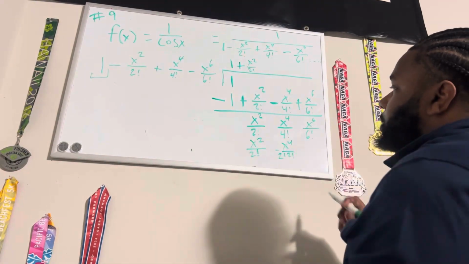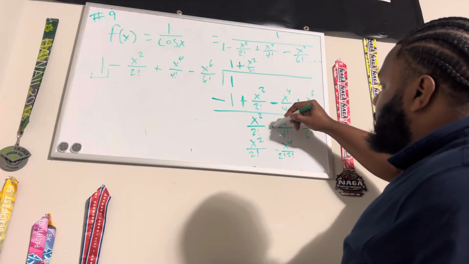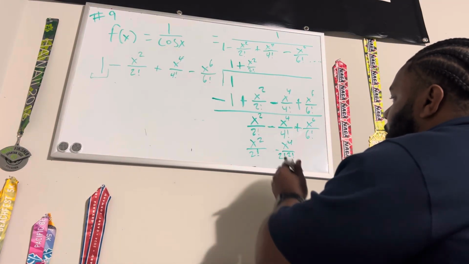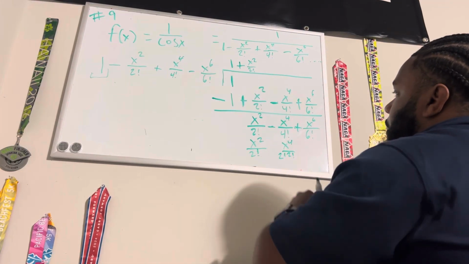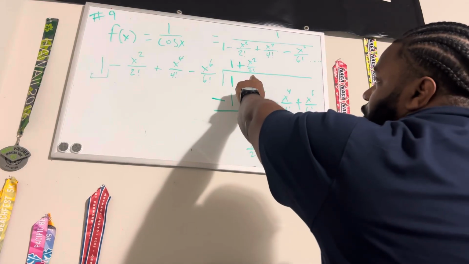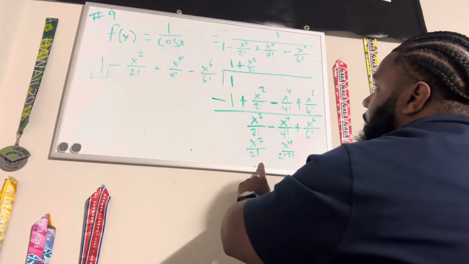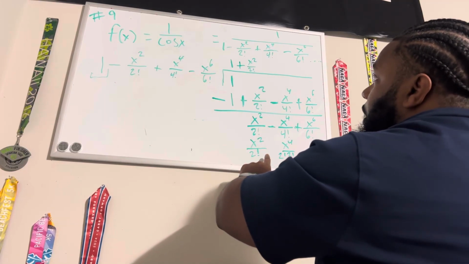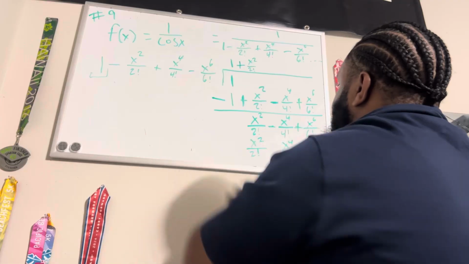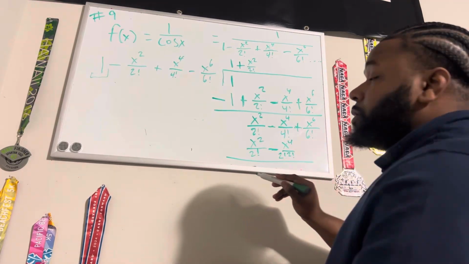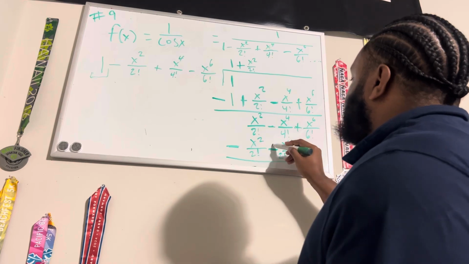So all this is going to be a positive, this a negative, and this a positive. I brought this down, multiplied this by this, and that is a positive, and then multiplied it by this negative, which is going to be negative. We're doing long division, so this is negative and this is positive.